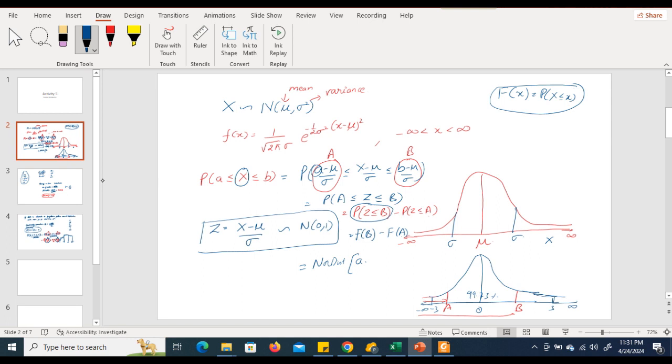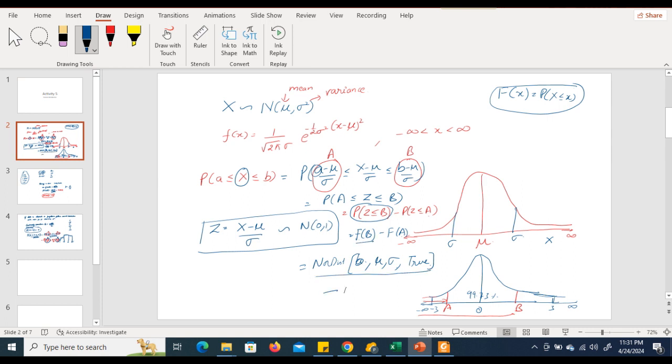So I am writing b here. What is the mean? We have considered mean as mu, standard deviation as sigma, and because we have calculated the cumulative frequency, we have used the option true for cumulative frequency. So this is the meaning of F of b.